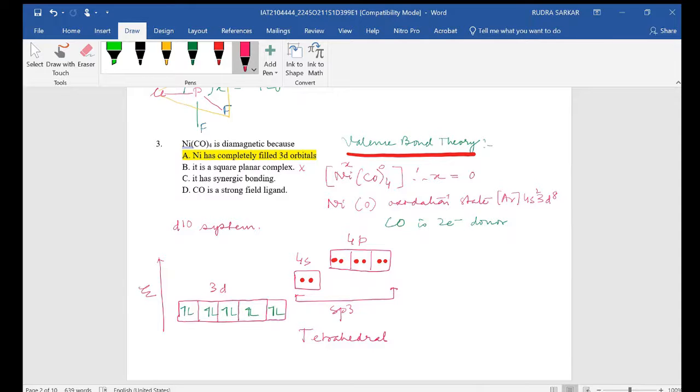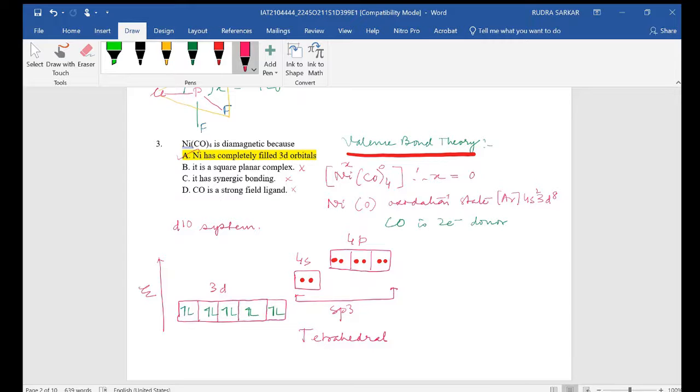It cannot be explained by considering whether CO is a strong field ligand. Neither can the synergic bonding explain whether this particular complex will be diamagnetic. So obviously we are left with the last option, which is the correct option over here, and the rest are incorrect answers for the complex being diamagnetic.